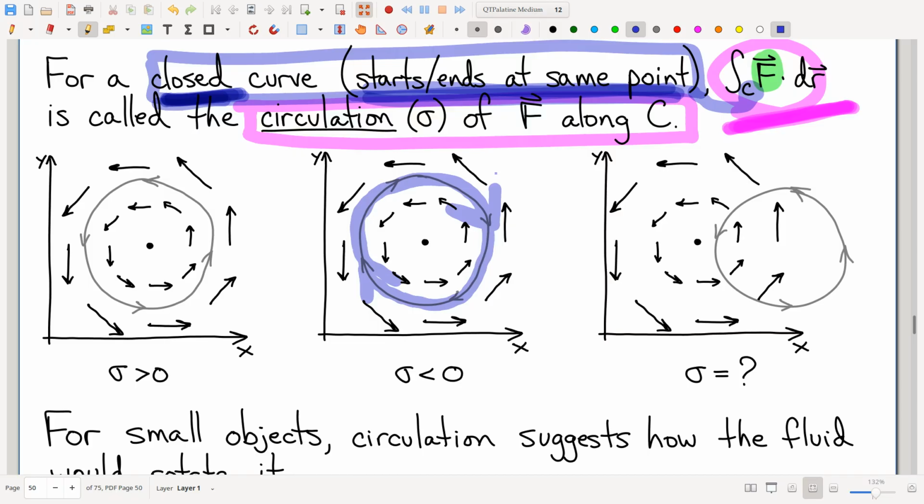Well, again, it's the same fluid. And let's look one little bit at a time, just like we did before. Well, along in there, the fluid is going this way. The curve, though, is going the opposite way now. The new curve, a different curve, oriented the other direction. To what extent is the fluid flowing along the curve? Well, it's going the exact opposite of the direction of the curve.